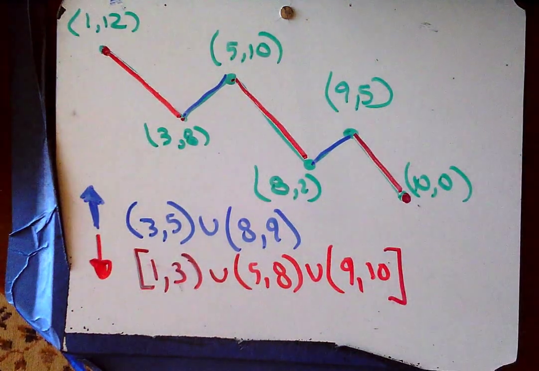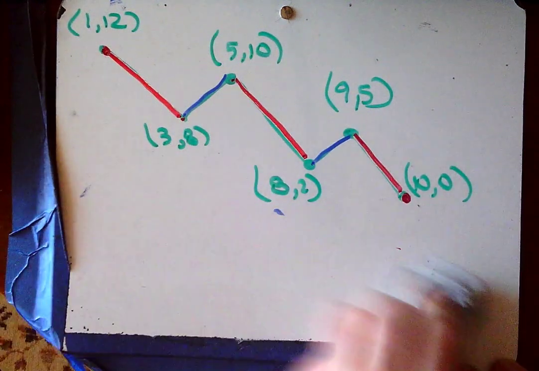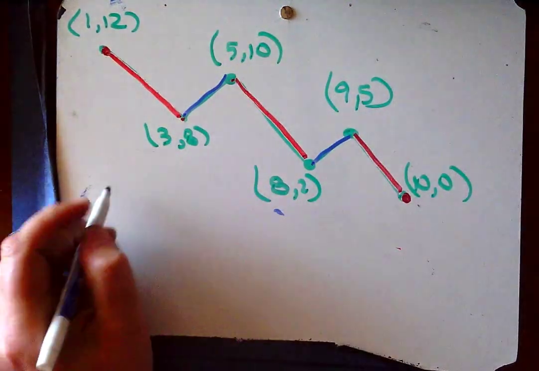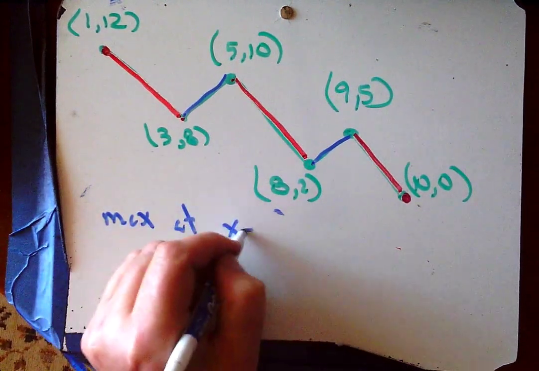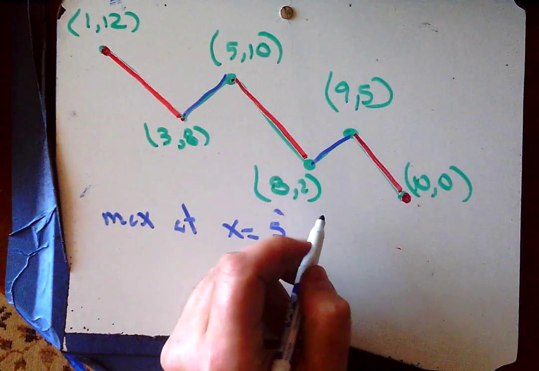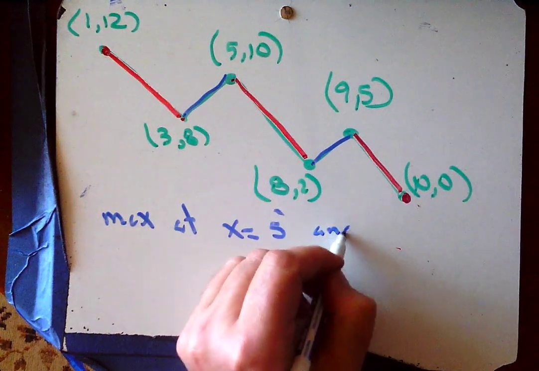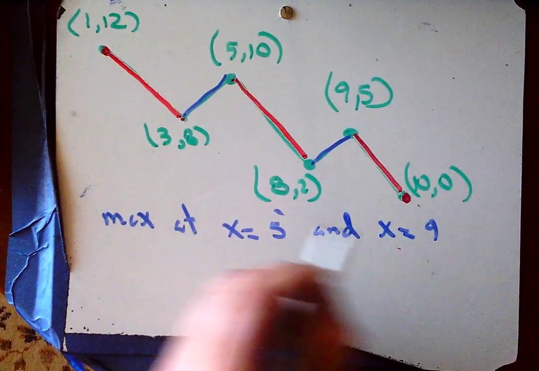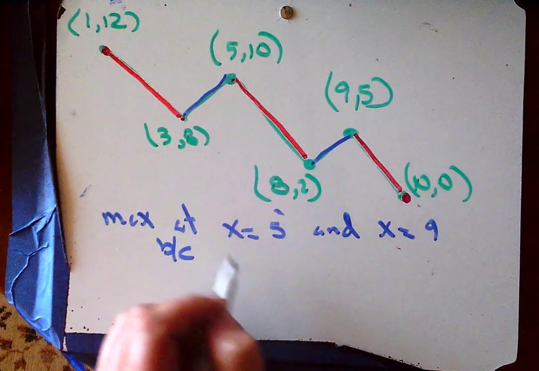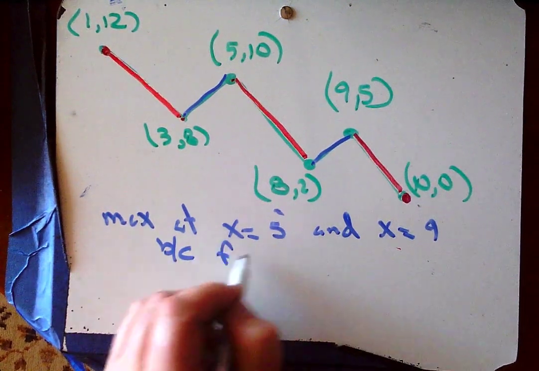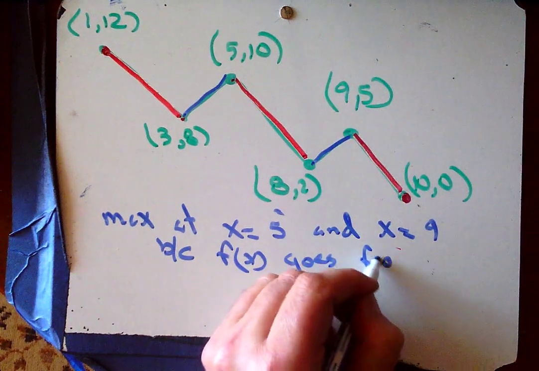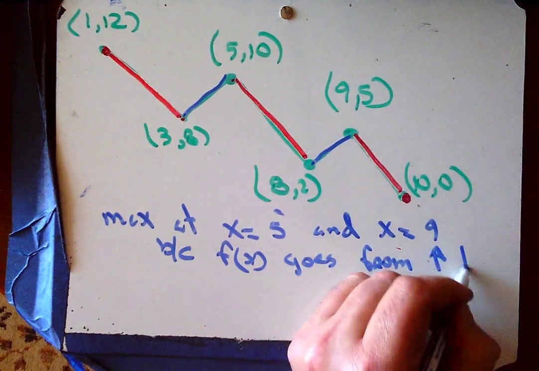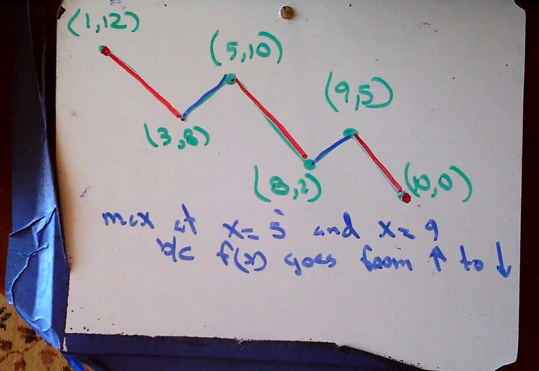Well, I know that there's a max at x equals 5 and x equals 9 because f of x goes from increasing to decreasing.